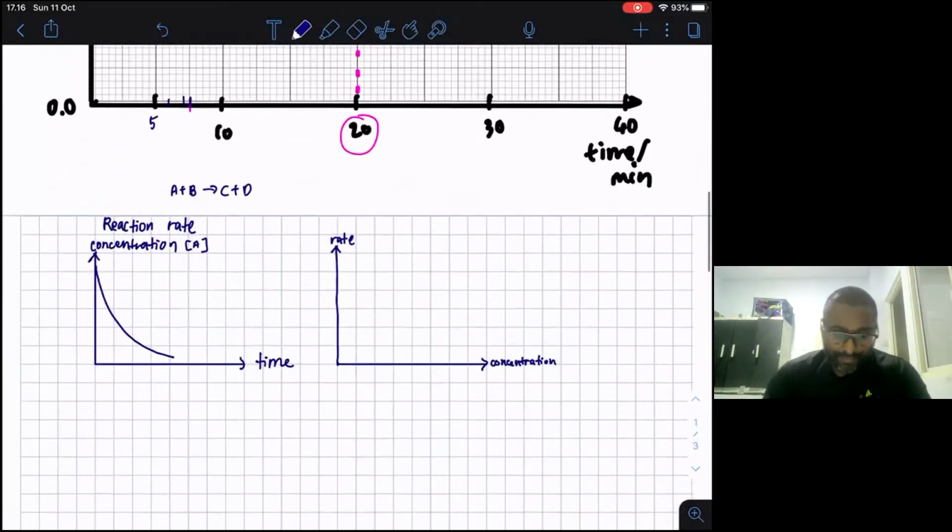But apart from that, you can also have the concentration decrease in a different manner. It can also decrease in this way, as a straight line graph. Or you can also have a graph that is going to decrease way steeper, something like that. Let me draw again.